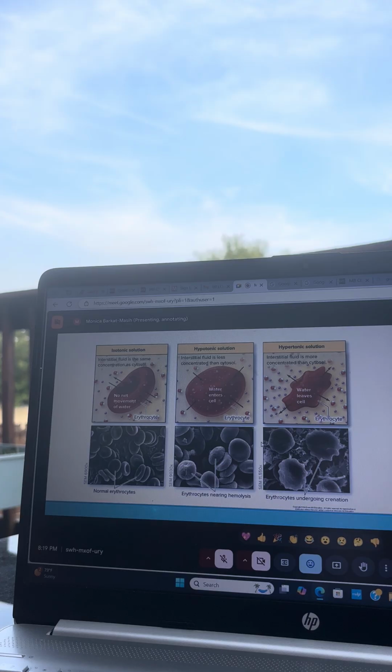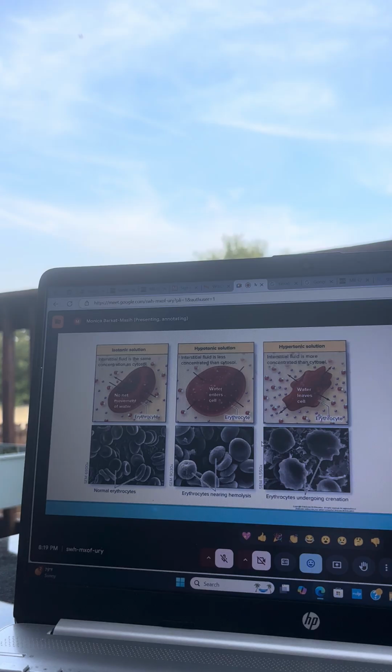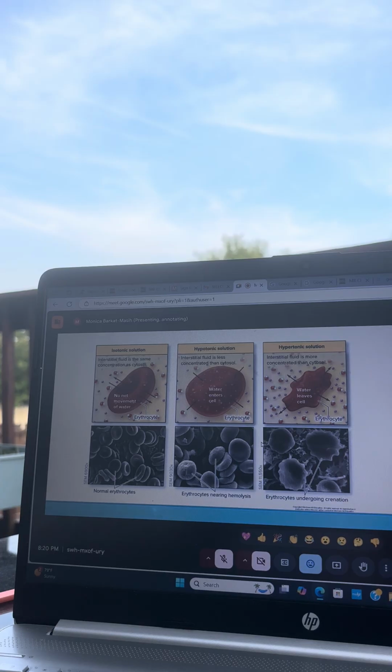Okay, but when you say it's a hypertonic solution, is this solution more concentrated or less concentrated than the cytosol? More concentrated. Yes, it's more concentrated, which means it has less water. So that's why water will start leaving the cell and go out, and the cell will shrink and die. Crenation.